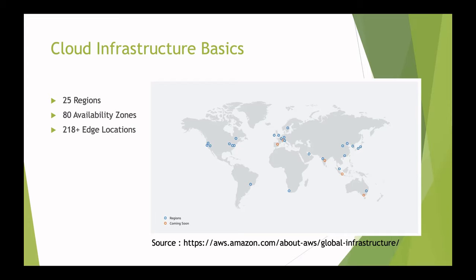For instance, let's assume that you have a YouTube viewer in Asia Pacific region, and that viewer wants to view a YouTube video that is hosted in the US East 1 region.